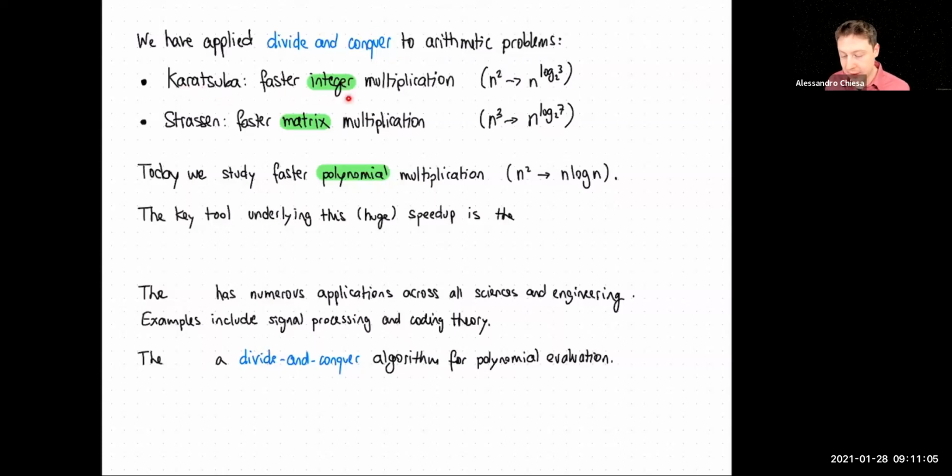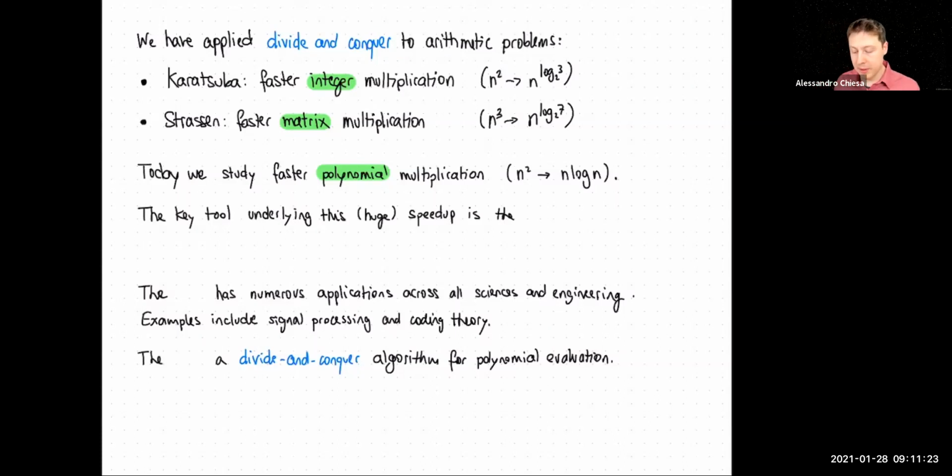Karatsuba is for faster integer multiplication, which let us go below n squared to n to the log base 2 of 3. So Strassen for faster matrix multiplication, which enabled us to go below n cubed, which is a naive algorithm, to n to the log base 2 of 7.